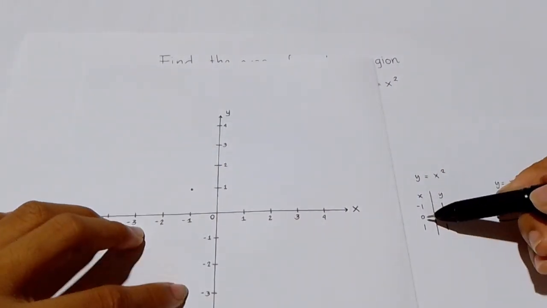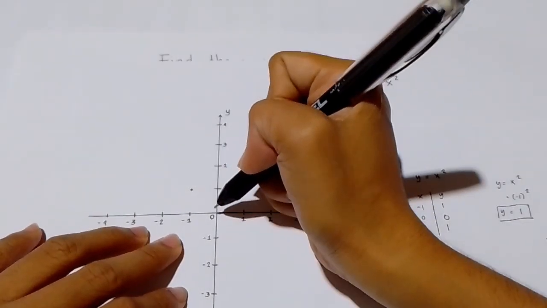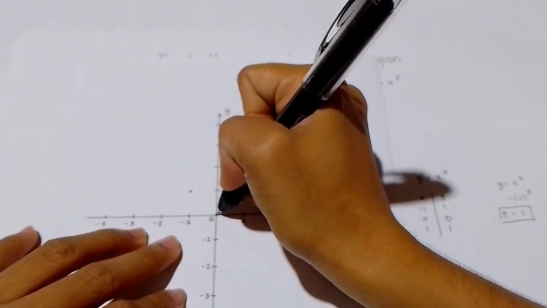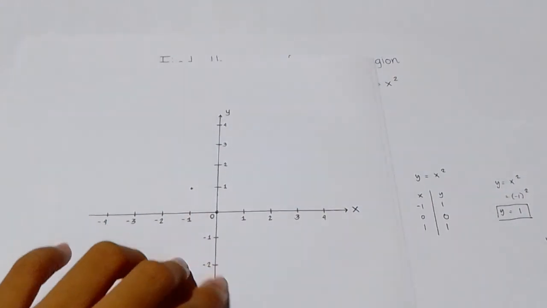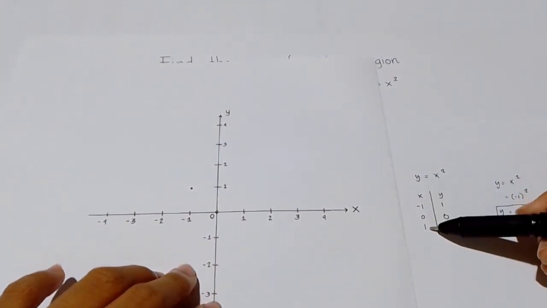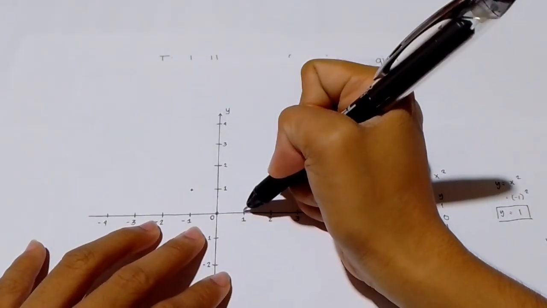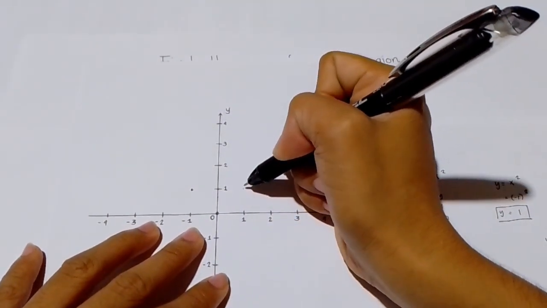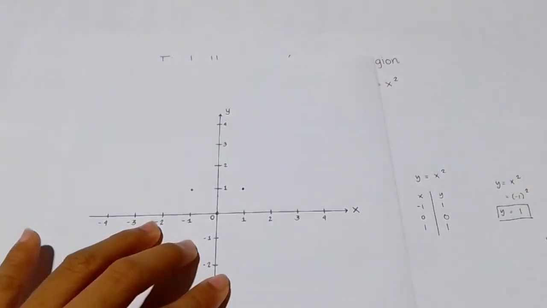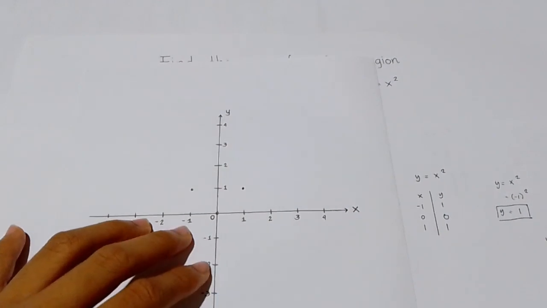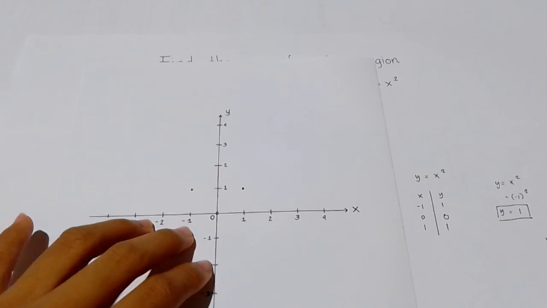Then when x is equal to 0, our y is 0, so let us put the point here. Then for x is equal to 1, our y is +1. We're done in pointing the values of our x and y.